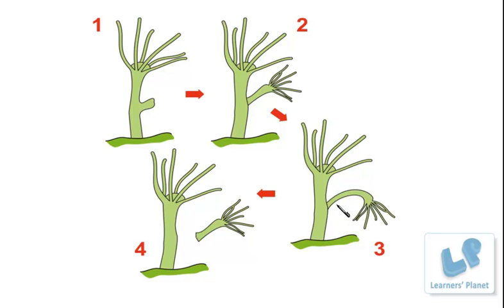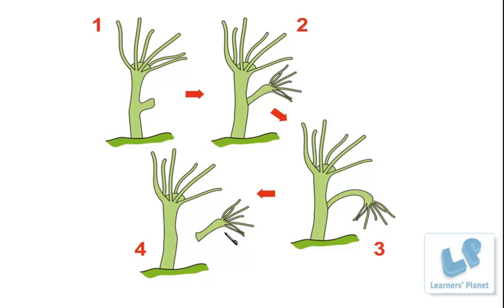For that it initially bends down and then gets detached completely and will live as an individual organism. Further development will occur after getting detached from the mother's body. So this is how the Hydra is produced.